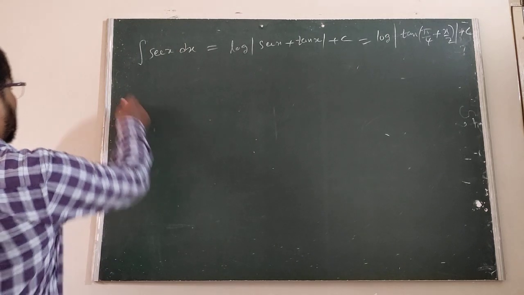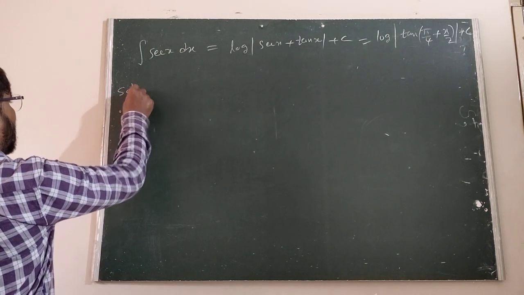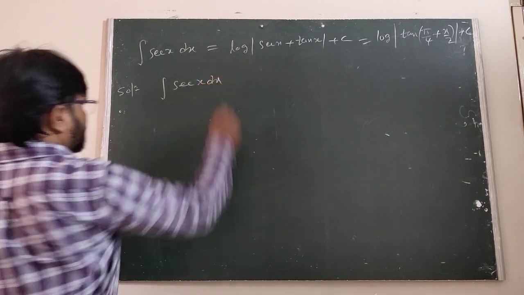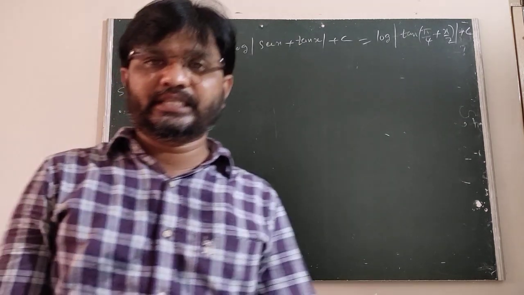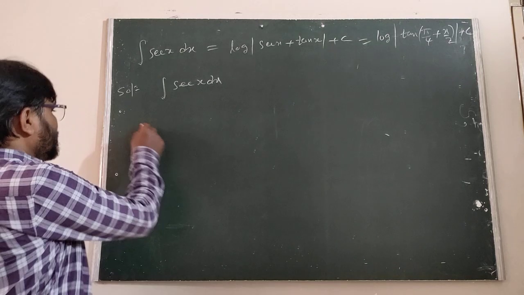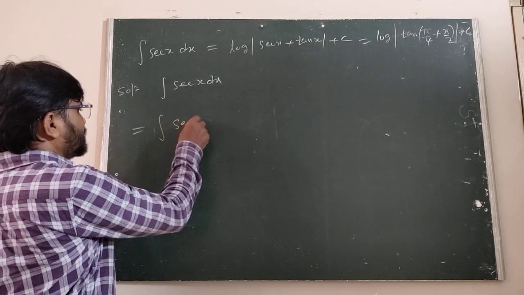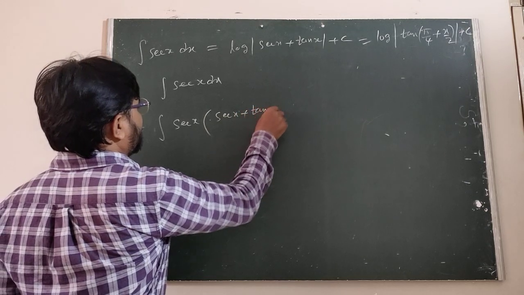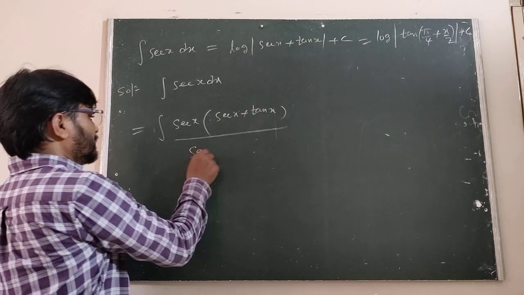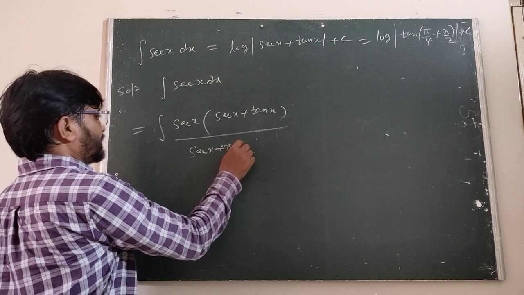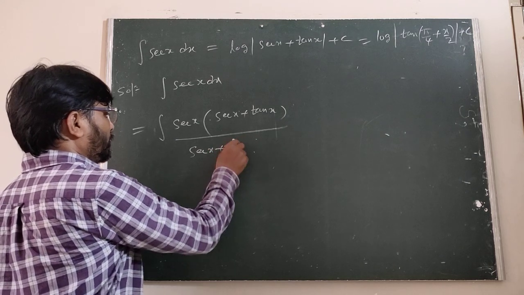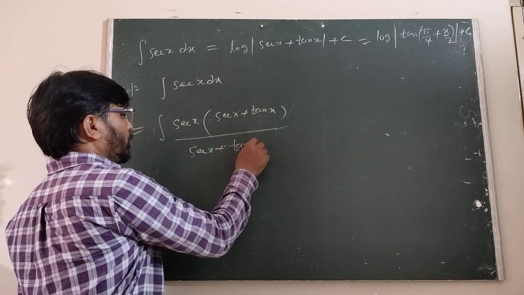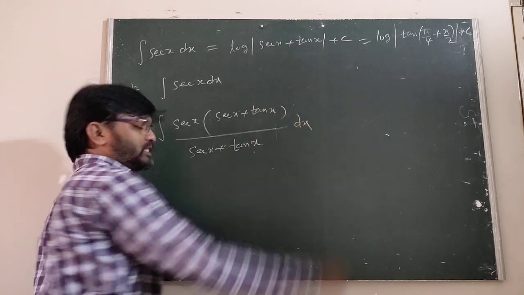Now its solution is, we have to take the integral of secant x dx. This can be written as secant x plus tan x whole by secant x plus tan x. In the first step, we are multiplying by secant x plus tan x upon secant x plus tan x.